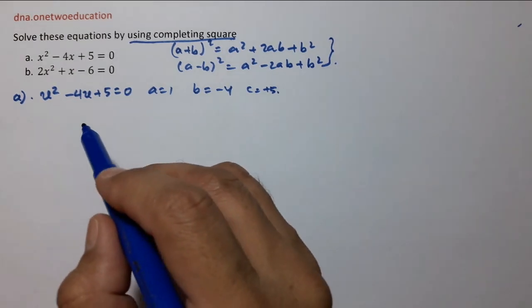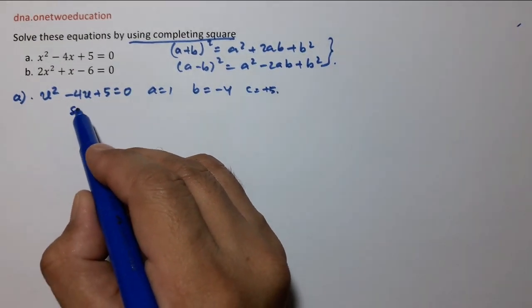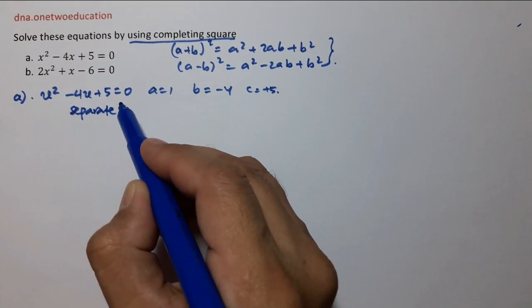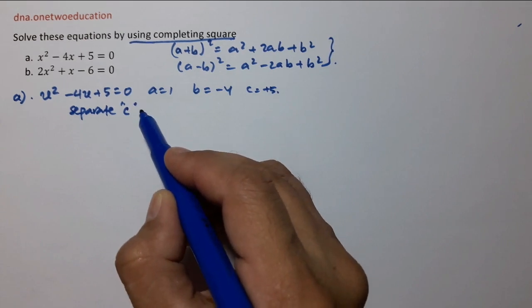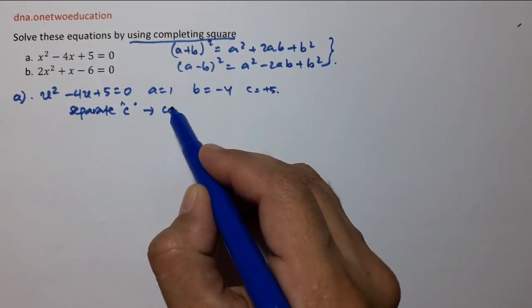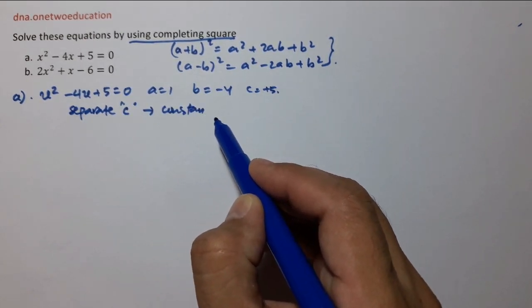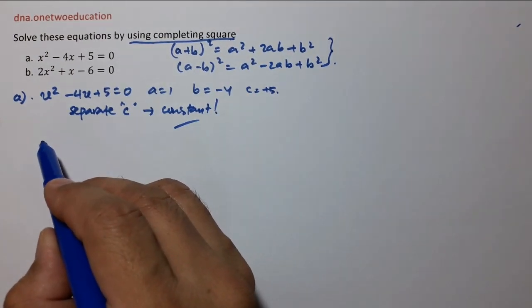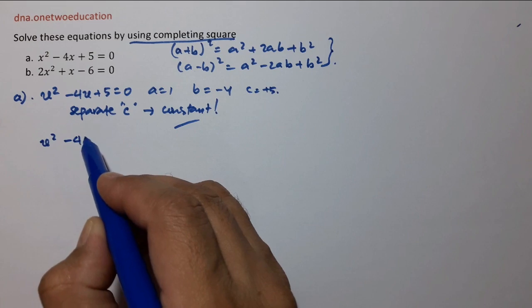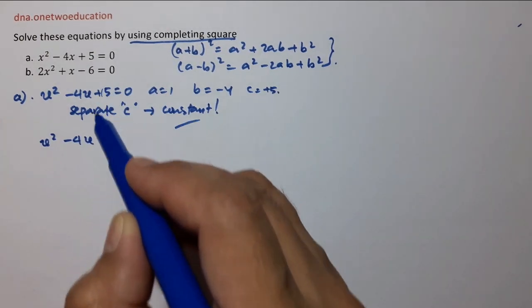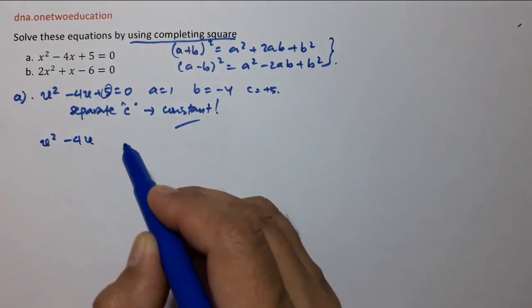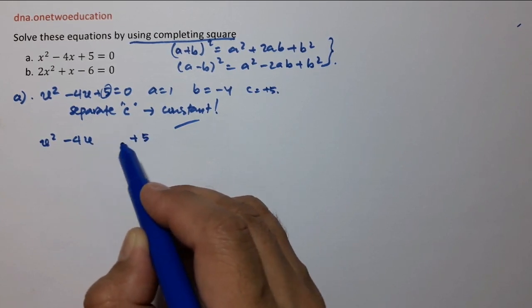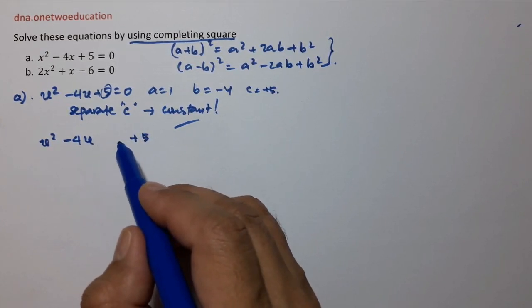Now it is x squared minus 4x, because this one is the constant. Let's say here positive 5, just put it in the available space here.